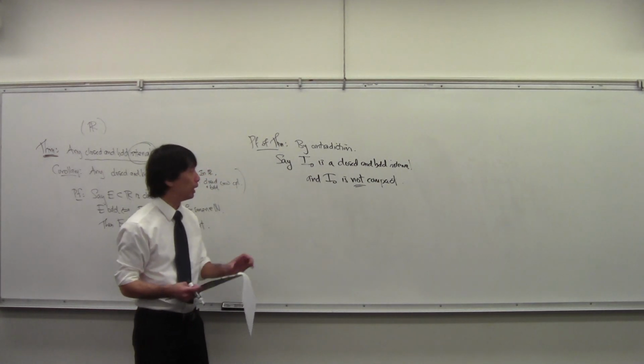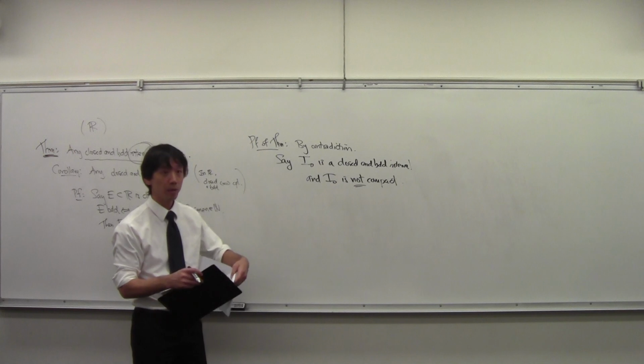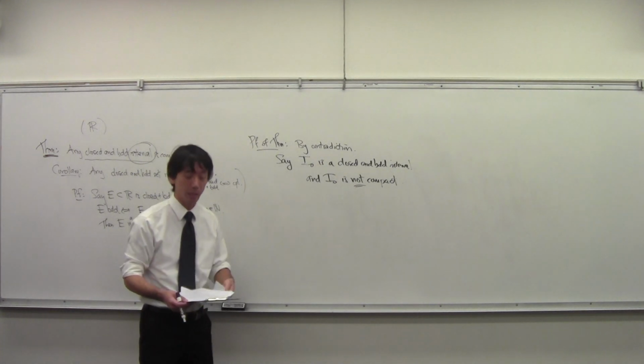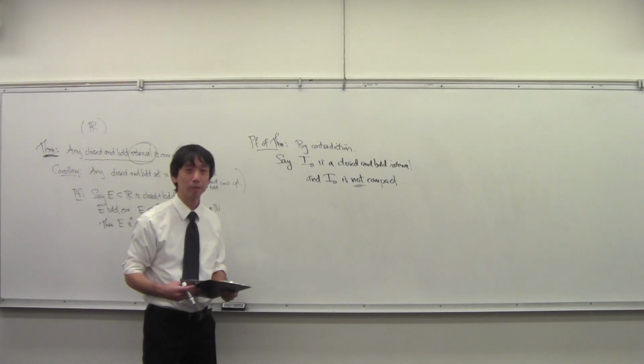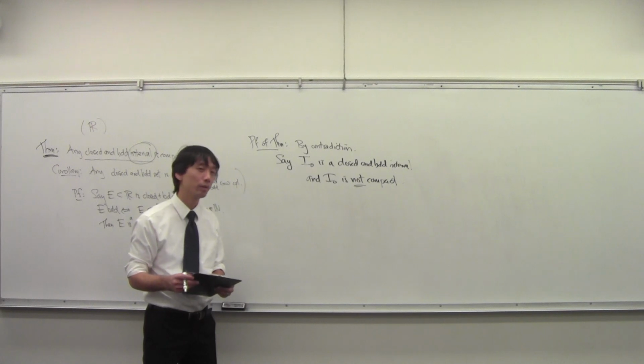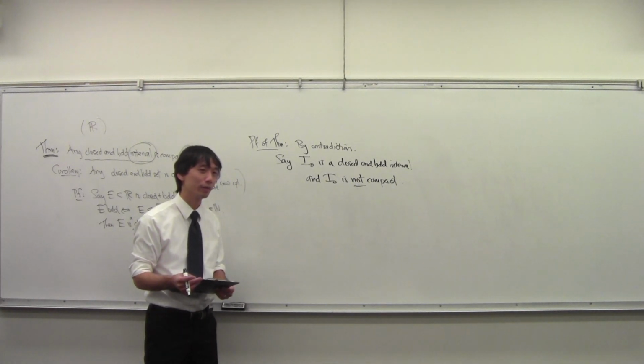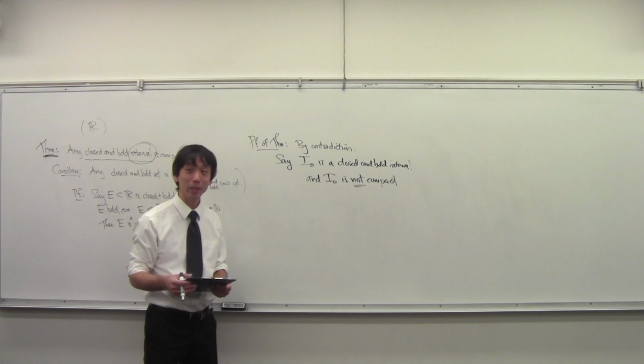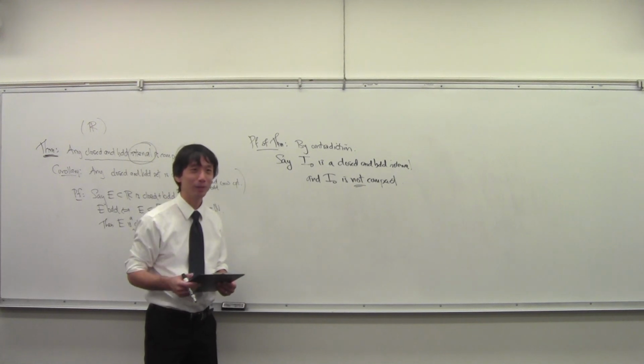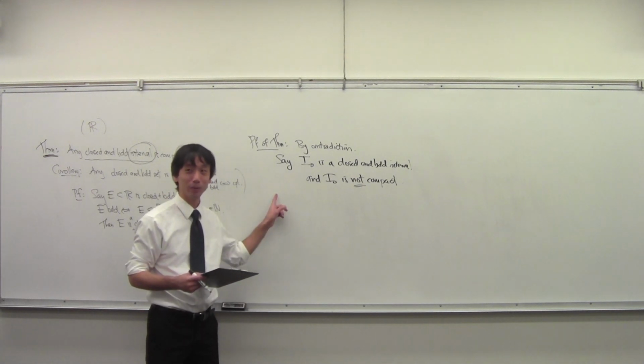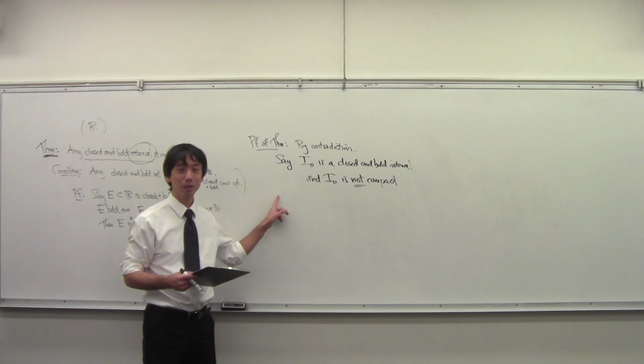Okay. So being not compact, what does that mean? It doesn't have a finite subcover. What doesn't have a finite subcover? The open cover. What open cover? Any open cover? No. Just one. Just one open cover fails, right?